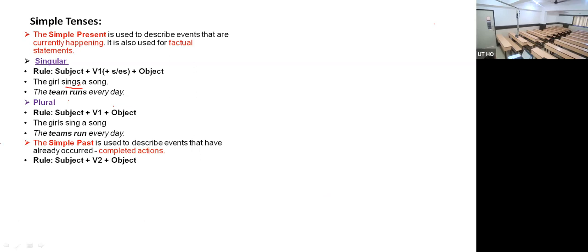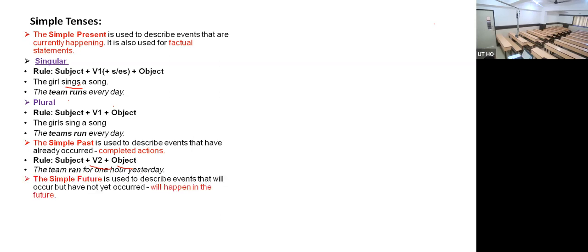Now in the simple past, what do we get? The V2, the past tense of the verb plus the object, obviously, right? The team ran for Anna yesterday, maybe. The simple past is something that has already happened and completed.